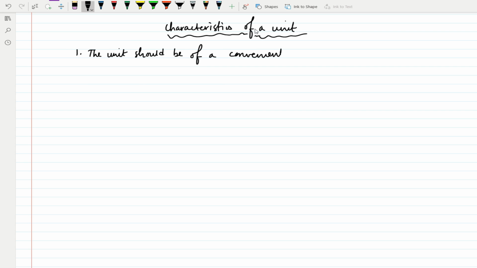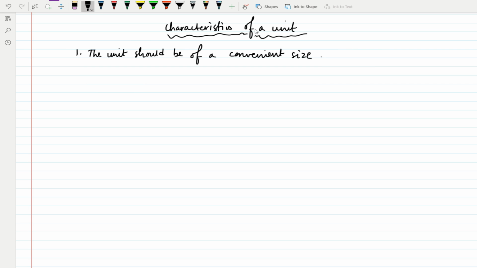Now remember, had 1 meter been very long, we could not have been able to measure or even raise that particular object of 1 meter to measure anything. So it should be of convenient size. Had 1 kg been so heavy, we could not have been able to measure anything using kg.